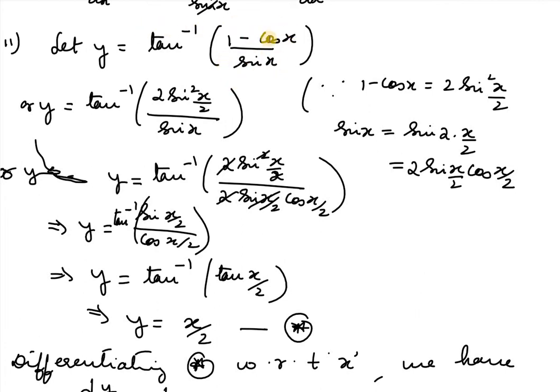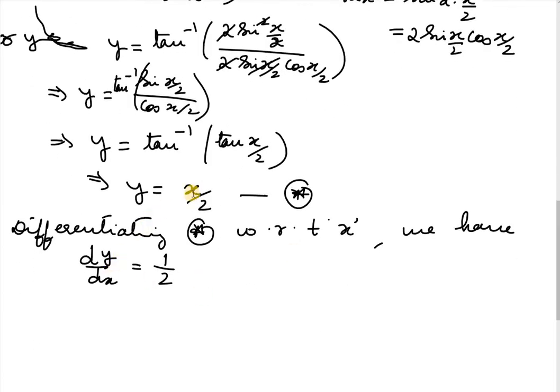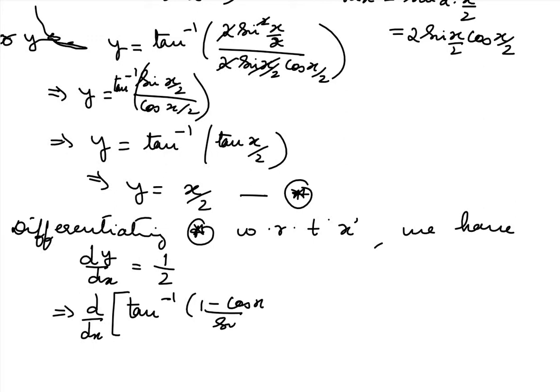You see that we first simplify the term inside this bracket, and then finally we got the value of y as just x upon 2. Then on differentiating this, you get it as half. So this implies that d dx of tan inverse of (1 minus cos x) by sin x is equal to half.